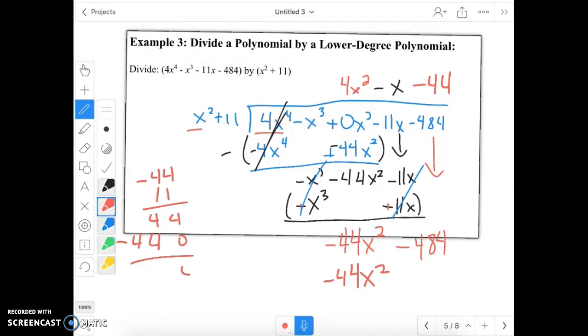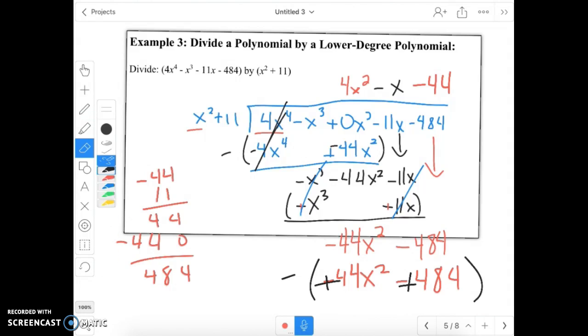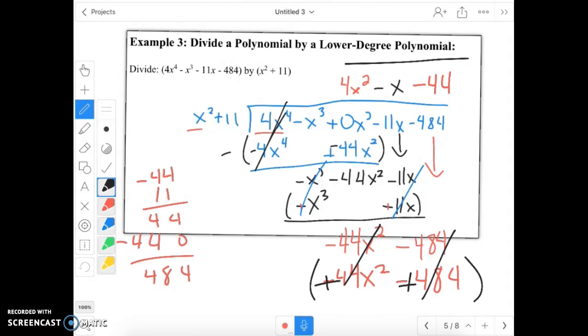We get negative 484. So minus 484. And then it's a negative, so those need to switch signs, plus, plus. And this problem will be our first one that does not have a remainder. So this is simply our answer, 4x squared minus x minus 44.